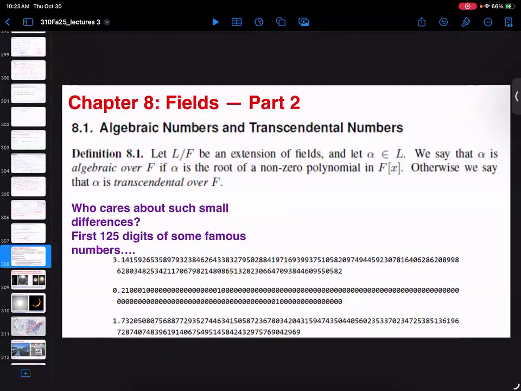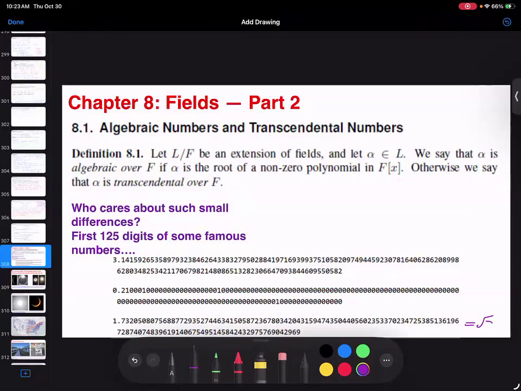Yeah. So here's a couple of numbers. The last one is the square root of 3. First one is pi. The next one over here, has anybody seen this number before? The second one. Or if not, this is Liouville's constant.